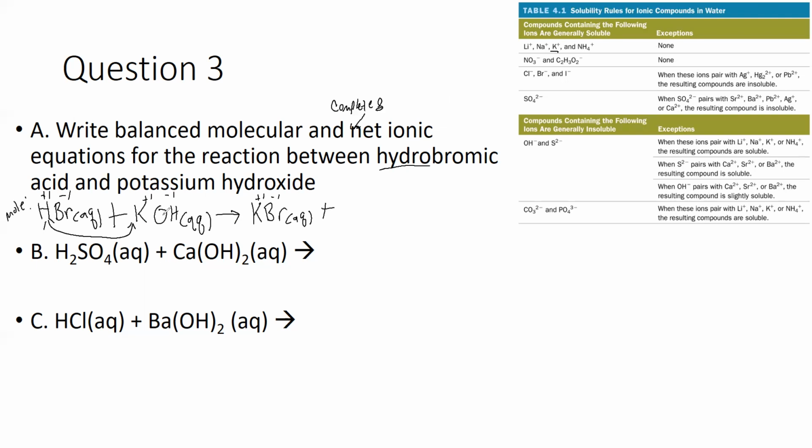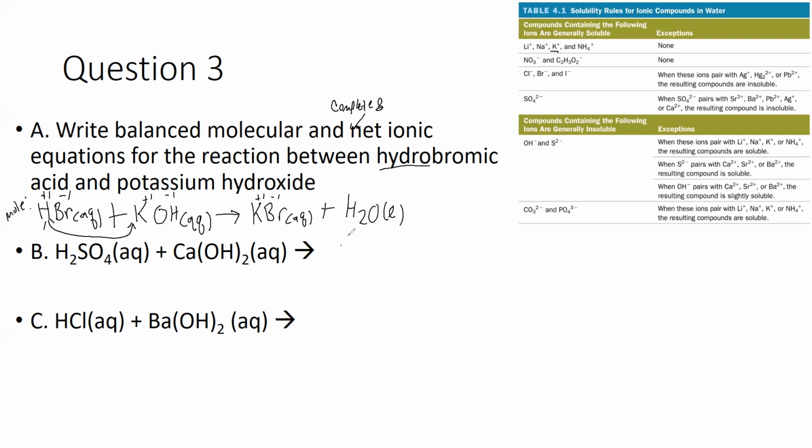Then we'll make H2O. H2O is always a liquid, unless otherwise stated in the problem. We'll look at that. It's balanced with all the molecules. Since we didn't put any coefficients, it's all balanced. So that's the molecular equation.